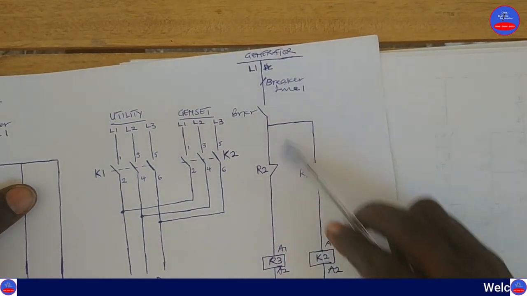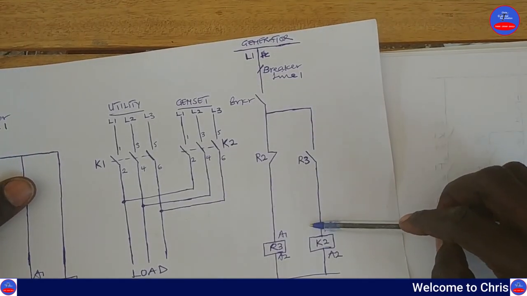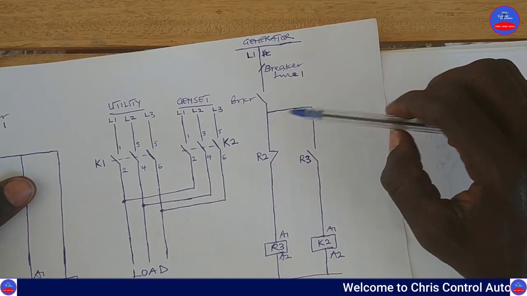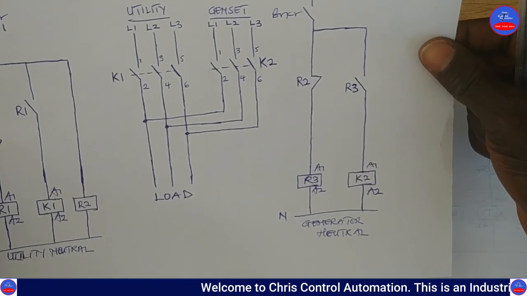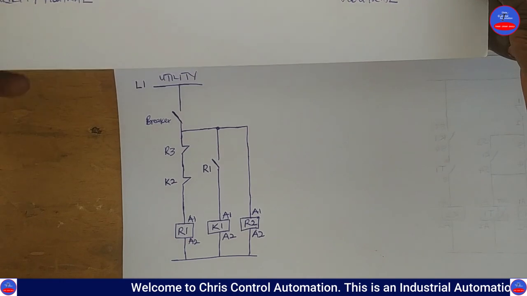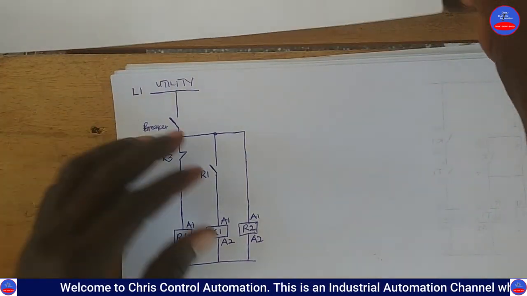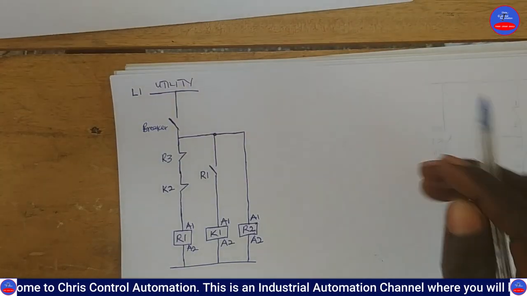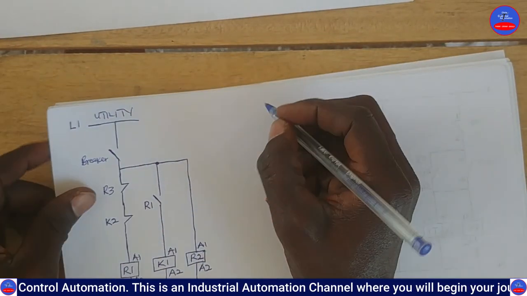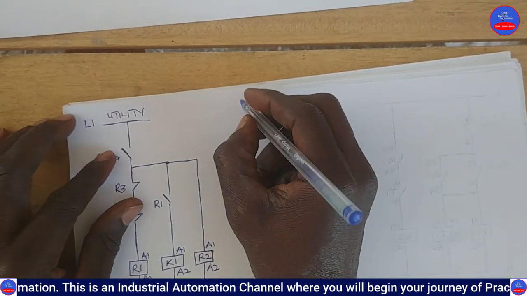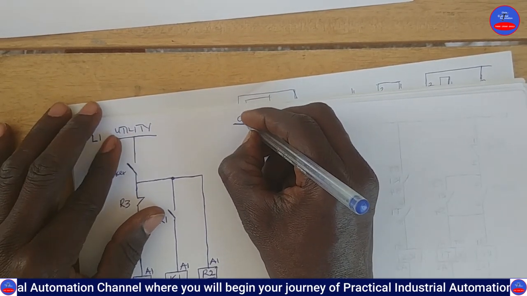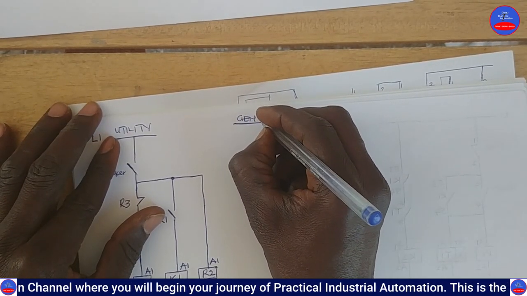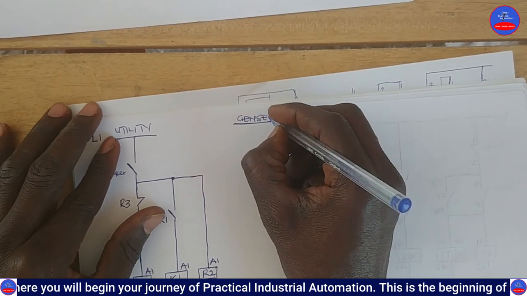So this is the genset for the old one. We are going to be changing certain things, and then adding certain things. So what we are going to do is, this side, let's draw our generator line. This is the genset, generator or generating set.